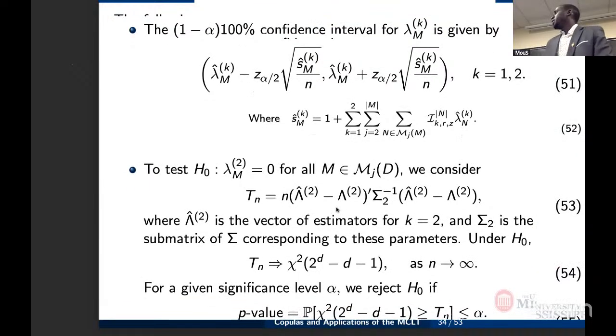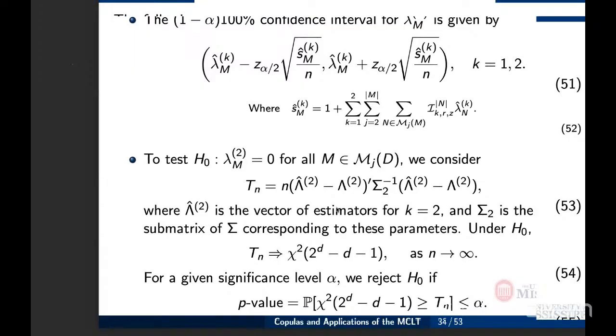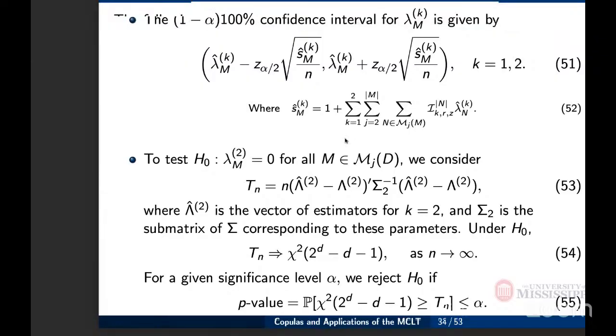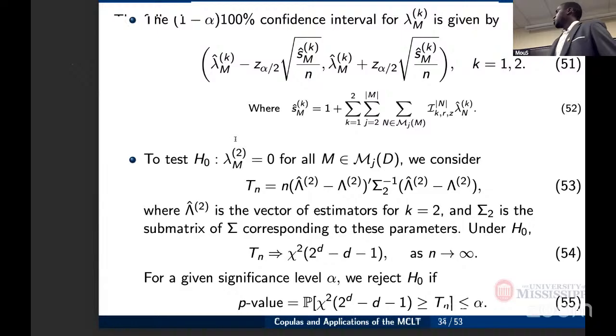And we also define this test statistic Tn that is used to test H naught: lambda 2m equals 0 for all m in MJD, and lambda 2 is the vector of estimators for k equals 2, because we are interested in testing if this extension that we define is necessary for a given data.